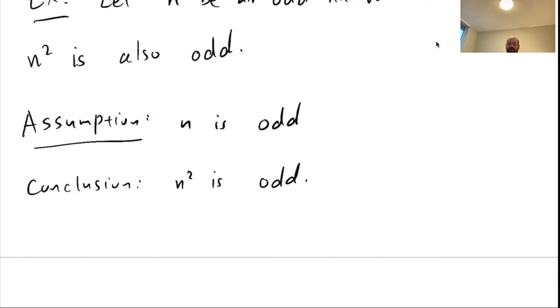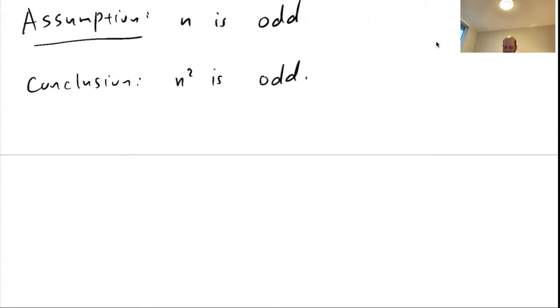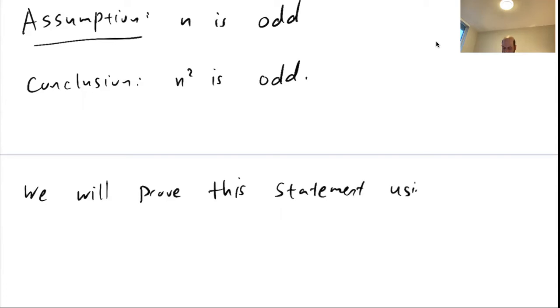So if you want to do a direct proof, in a direct proof we have to start with the assumption, then do some type of reasoning in the middle, and then at the end you have to reach the conclusion. So we will prove this statement using direct proof.